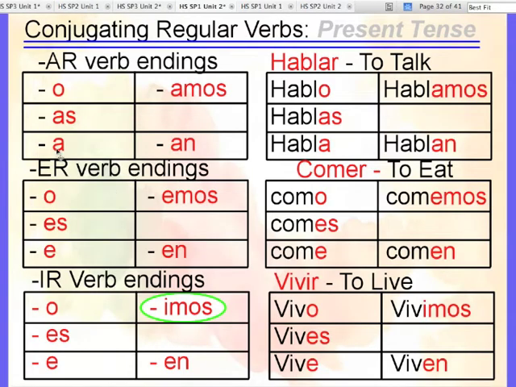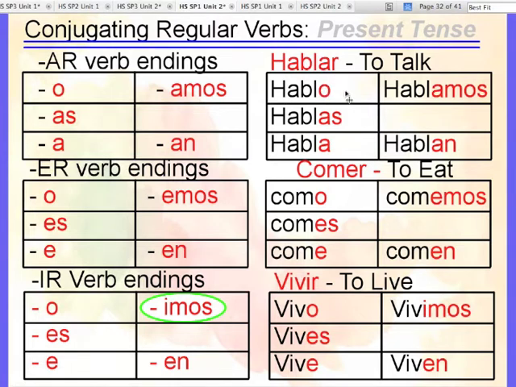So, here are the endings, and I know this page is busy. Please remember you can pause this video at any time. Here are the endings for all AR, ER, and IR verbs when you conjugate them. For instance, we have the verb hablar, to talk. Our endings for AR are o, as, a, amos, an.